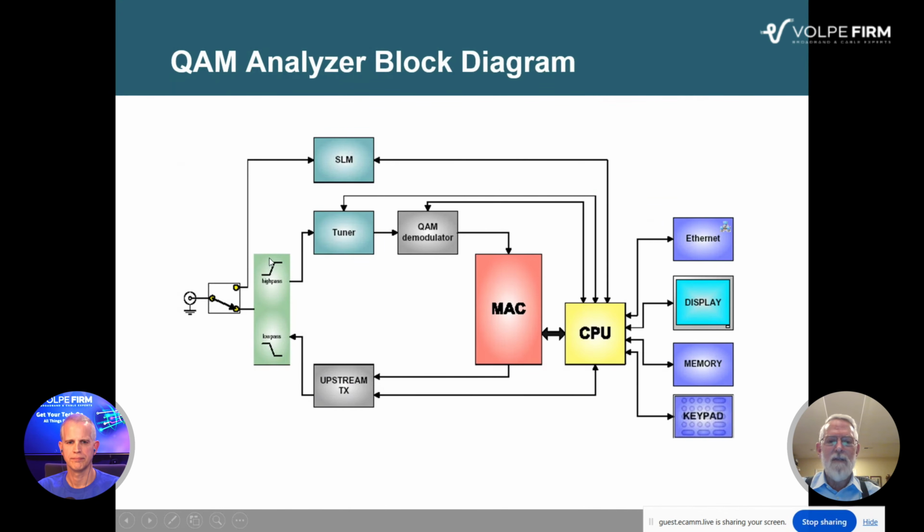Then the high-pass filter gives us the downstream stuff. So you've got a tuner, a QAM demodulator, which is a very sophisticated circuit in itself, all on a chip. That ties to the MAC, which also ties back to the upstream transmitter, and it ties to the CPU, and then the display and memory, keypad, and all the other pieces and parts. So that's kind of the high-level overview of what's going on under the hood of your QAM analyzer.